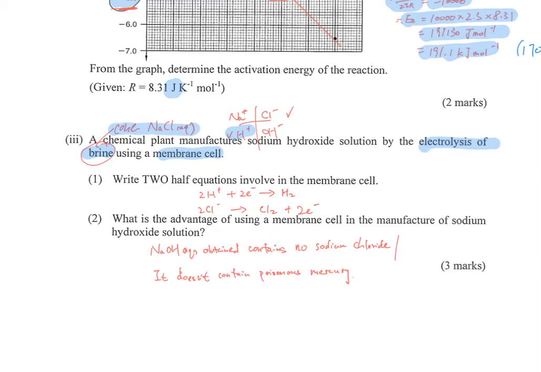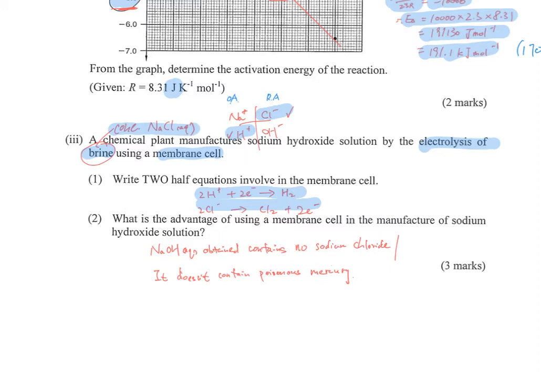So hydrogen ion will discharge at the cathode, because reduction occurs there, OA. At the anode the negative anion undergoes oxidation, RA. Then Cl minus will discharge because of the concentration effect. So these are the two half equations.